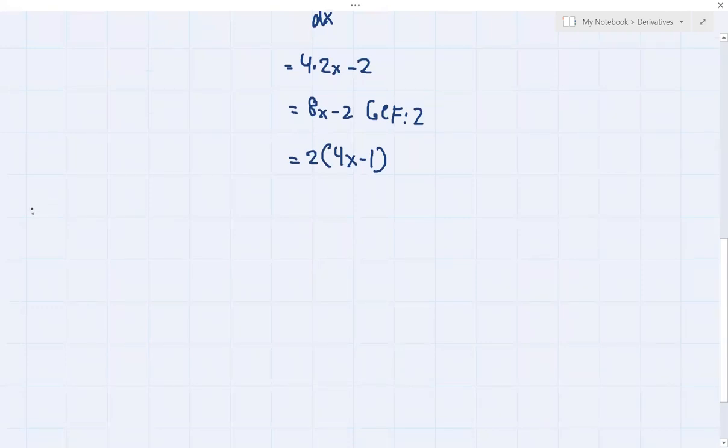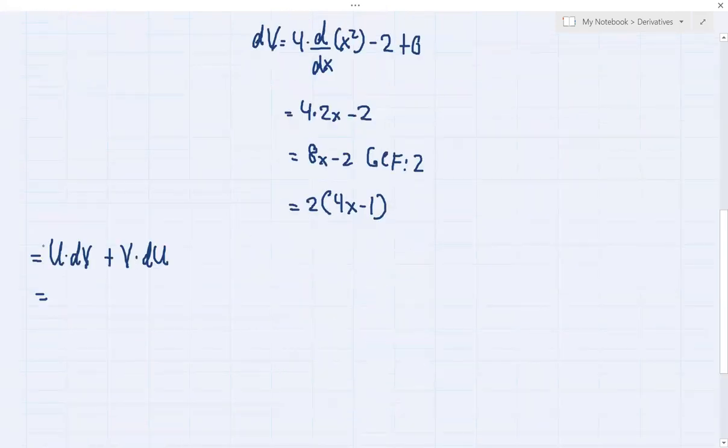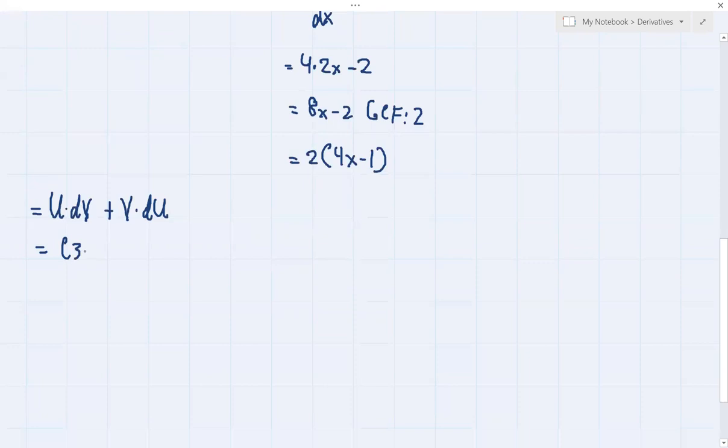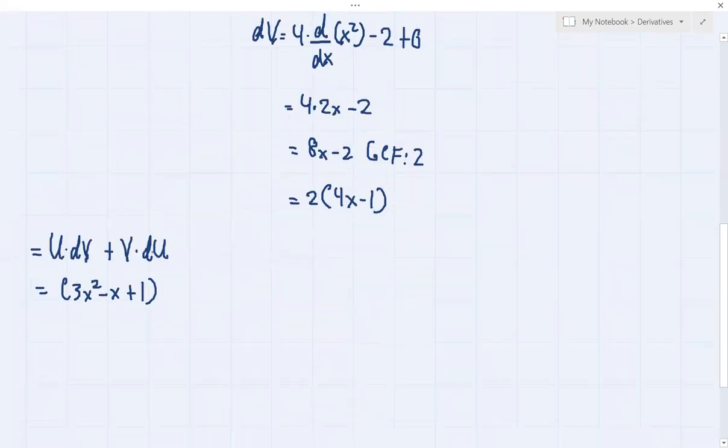So, now, let's substitute the formula. U dv plus v du. So, yung u mo, this is 3x squared minus x plus 1. Ay, tama ba ako? Yeah, correct.